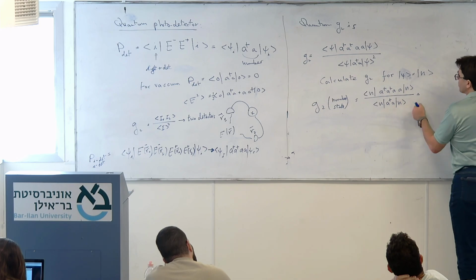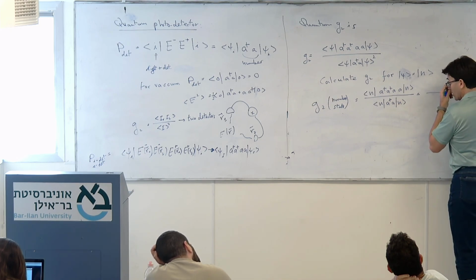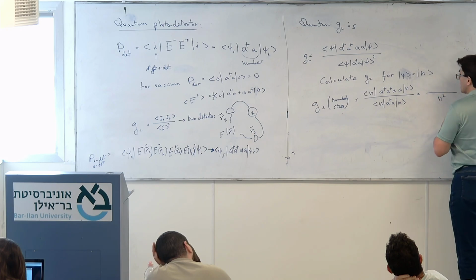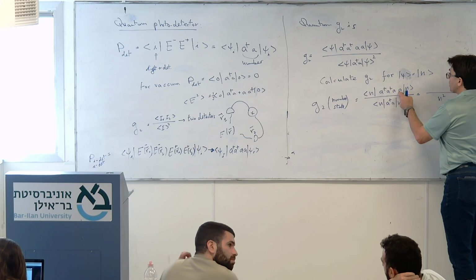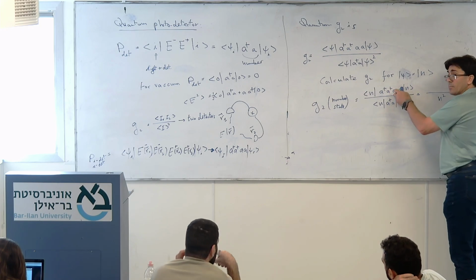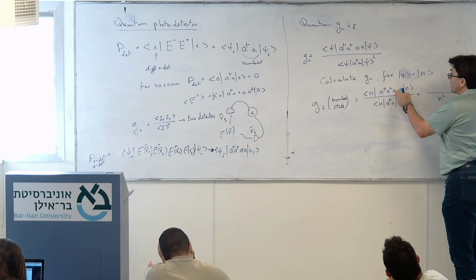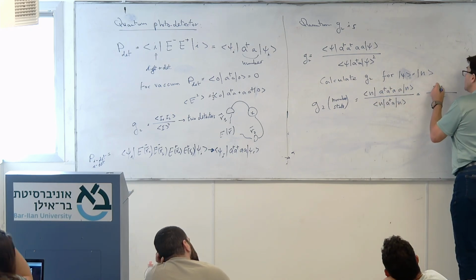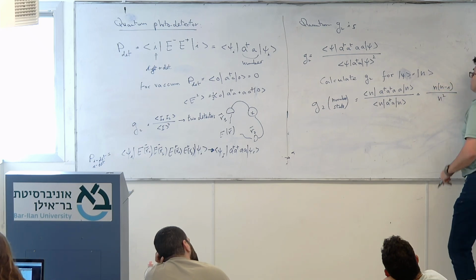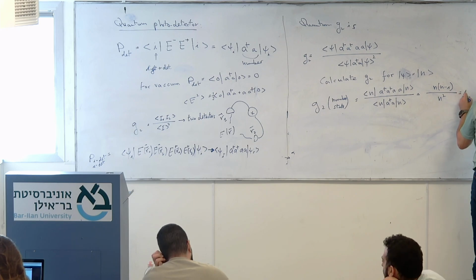What we have down below is simply n squared. But on top, this one gets n, this one gets n minus 1, so we have the square root of n minus 1, and from the other side the same. So we will have here n times n minus 1. So that is 1 minus 1 over n.